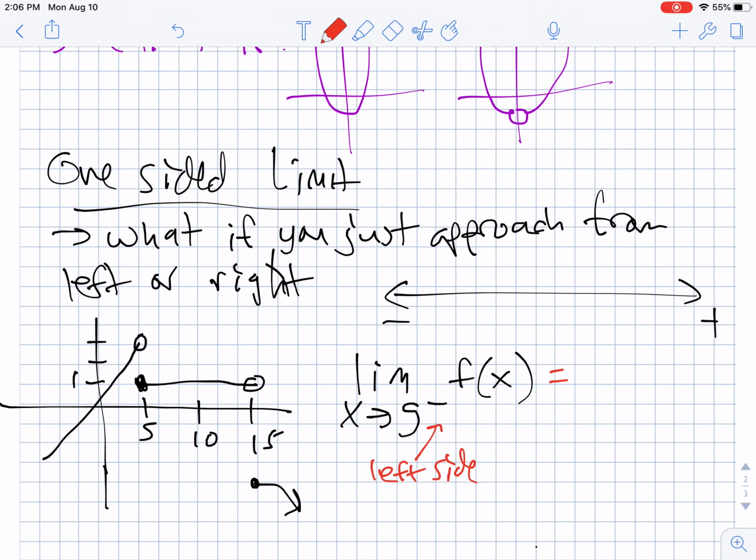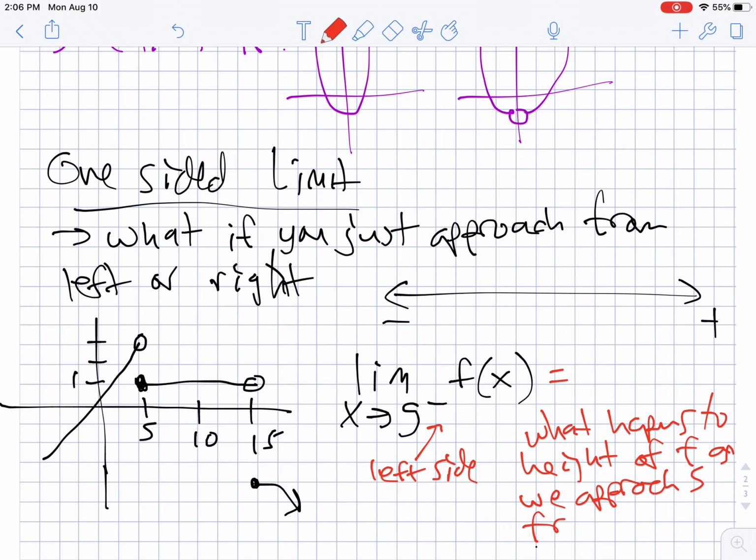So what this is saying is, what happens to the height of f as we approach 5 from the left? Hopefully that's pretty obvious looking at this function. As we approach 5 from the left, it's going towards a height of 3. Again, it doesn't matter that the real value is there. We're going towards that value of 3.